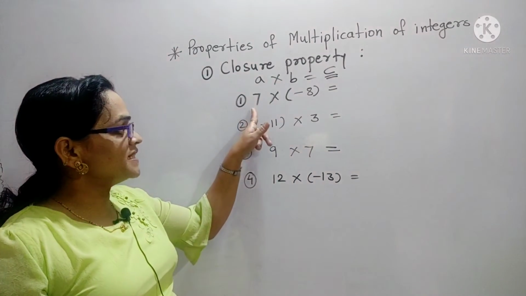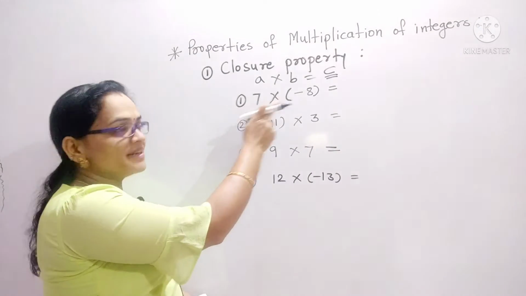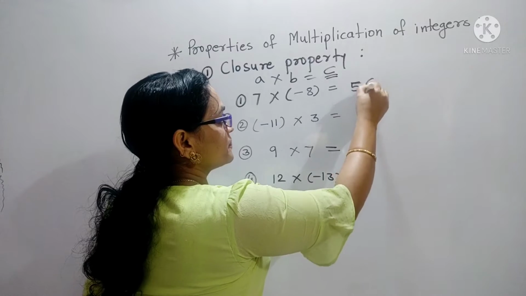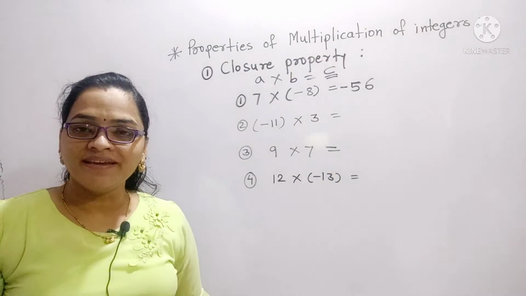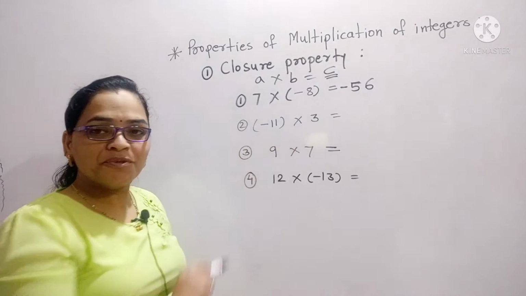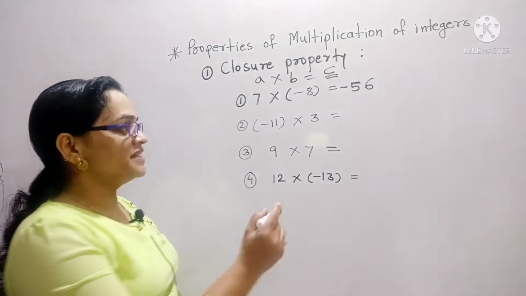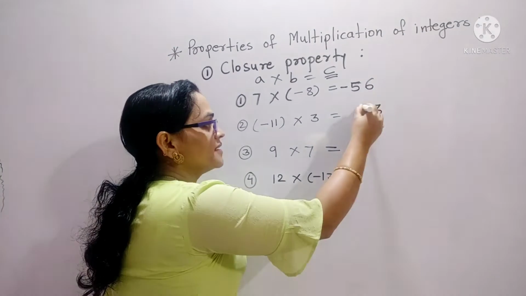See first example, 7 into minus 8. 7 is an integer, 8 is an integer. Then 7 8s are 56 and minus sign, minus 56 is also an integer. Second example, see, minus 11 into 3. Minus 11 is an integer, 3 is also an integer, and 11 3s are 33.